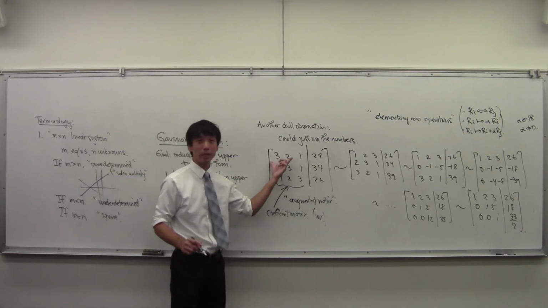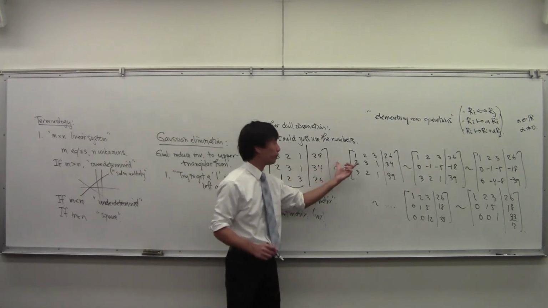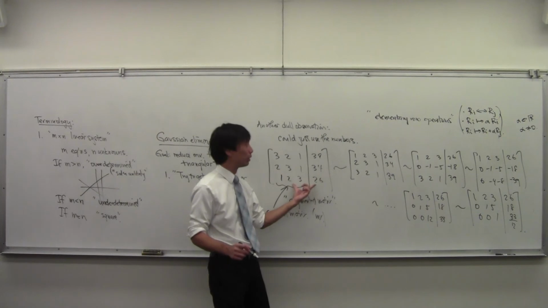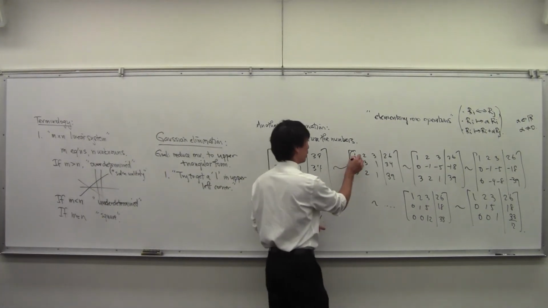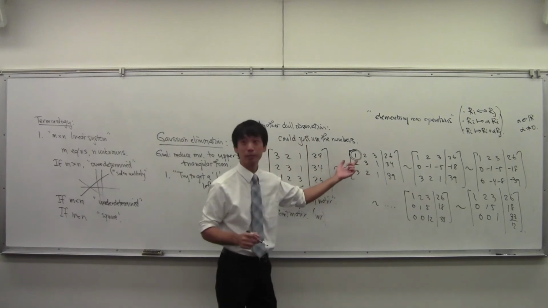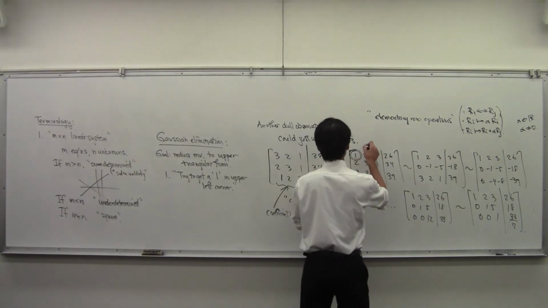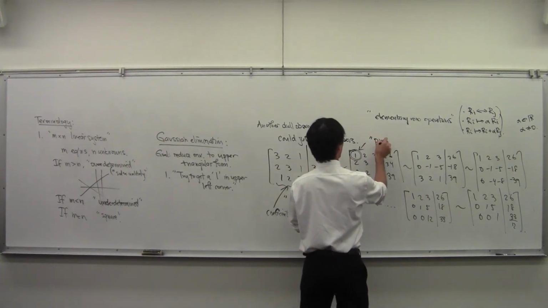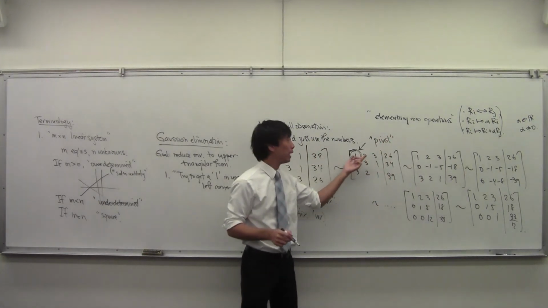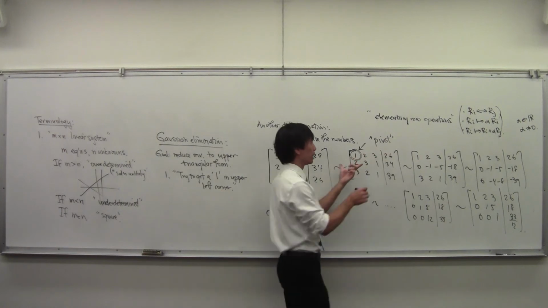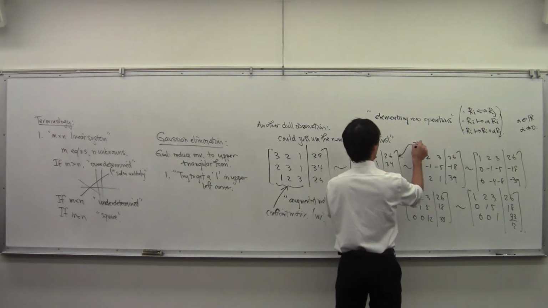So you take your matrix here, and I had this 1 available, so I moved it up to here. Okay, so that was good. These ones are given the name pivots. It's a pivot, and the row is called a pivotal row.